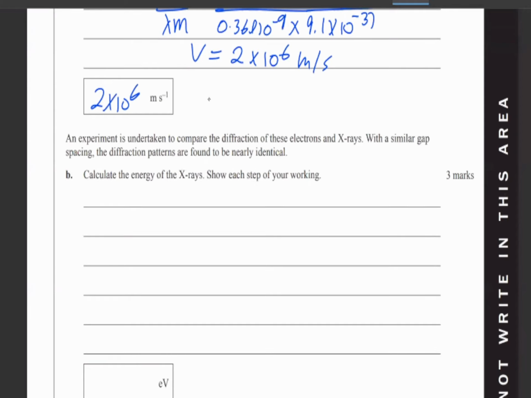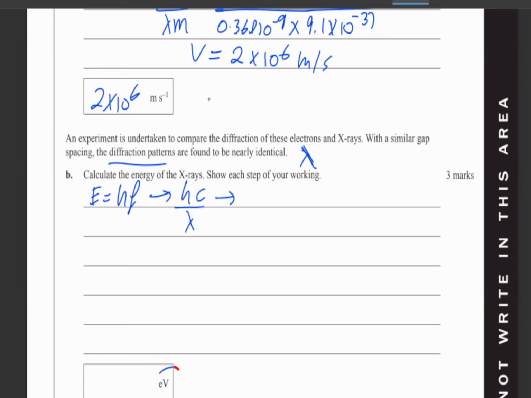So calculate the energy. So we know that for it to have a similar diffraction pattern, the wavelength is similar or the same. So E equals hf, and f is c over lambda.